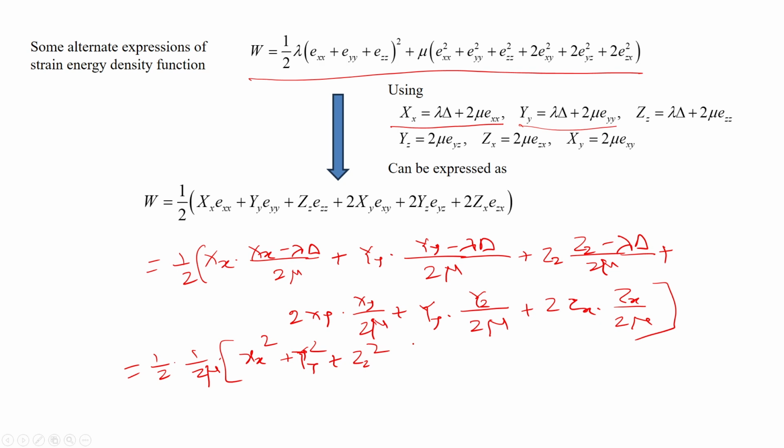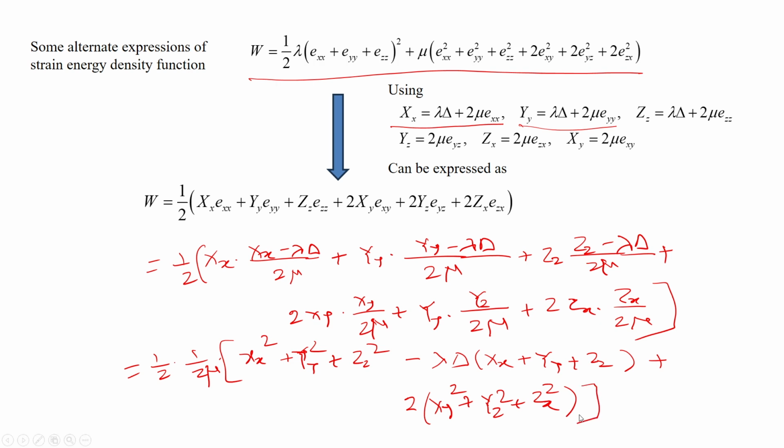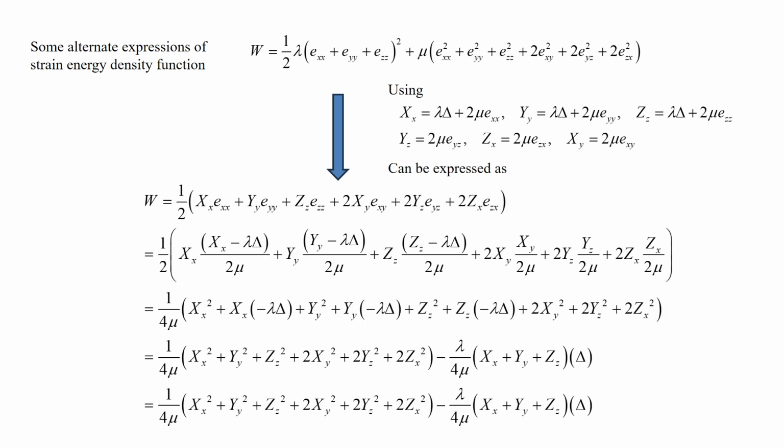where the 2μ I have taken outside, and then minus λΔ into, let us say, (σxx plus σyy plus σzz), and then plus 2 into (σxy square plus σyz square plus σzx square), like this. This Δ can also be replaced, and that is what I have done over here.